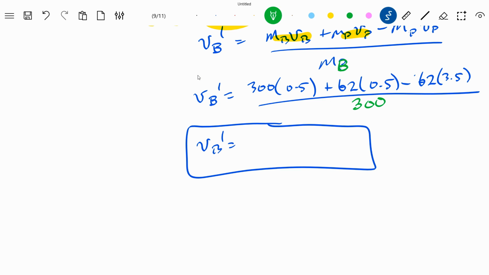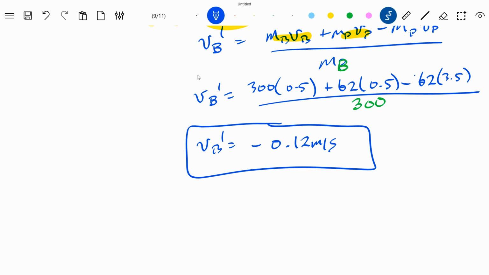Well, let me retype it. 300 times 0.5 plus 62 times 0.5 minus 62 times 3.5, all of which is over 300. Oh yeah, there we go. Negative 0.12, which is Mr. Dawson's answer as well. So yay. Negative 0.12 meters per second, the velocity of the boat after the person jumps off.